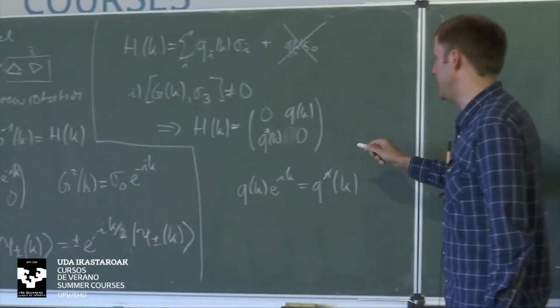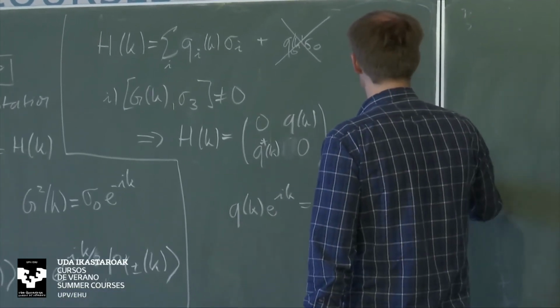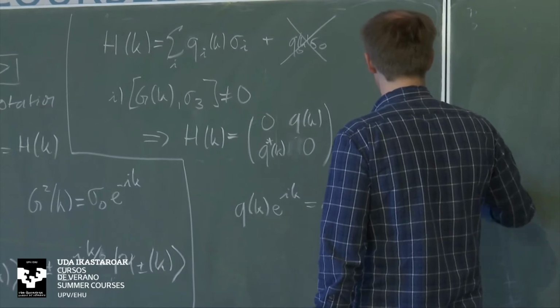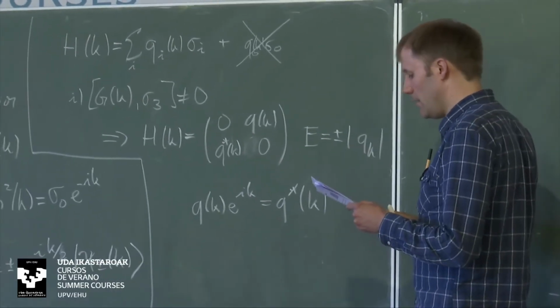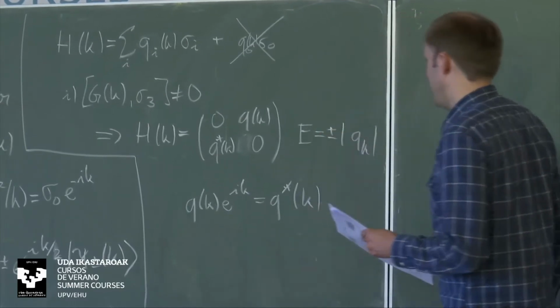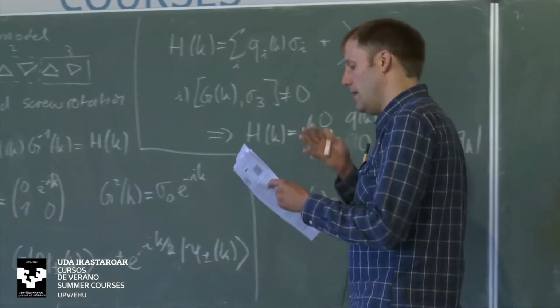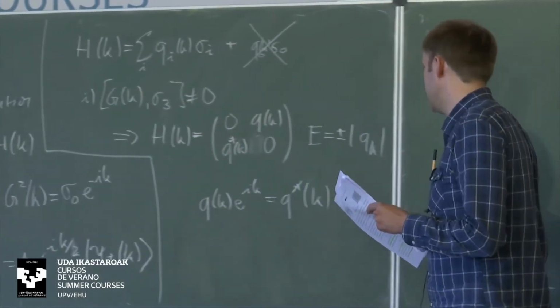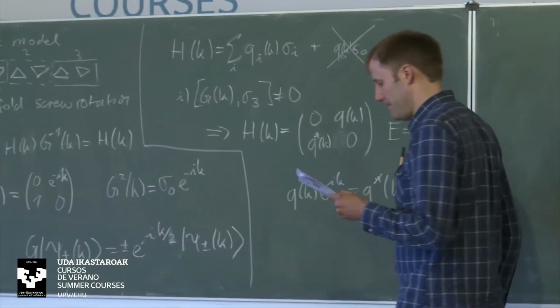And we also see here immediately that the spectrum of this Hamiltonian is given by the absolute value of this vector Q, and the band crossing occurs therefore at E equals 0, where these two bands, one with plus and one with minus, cross linearly.